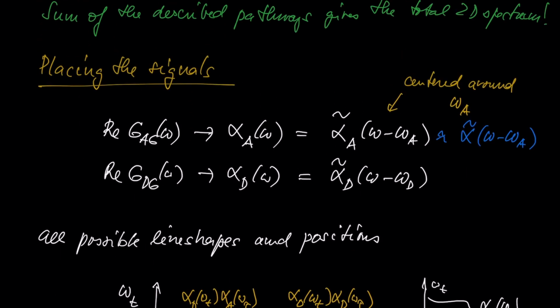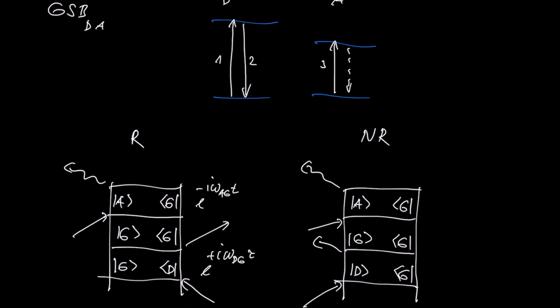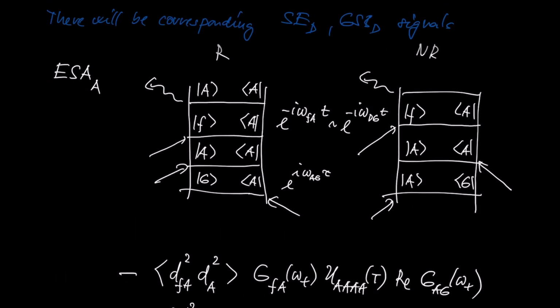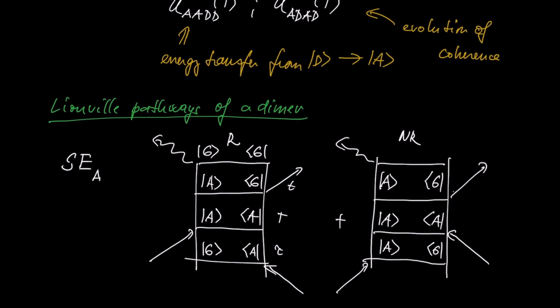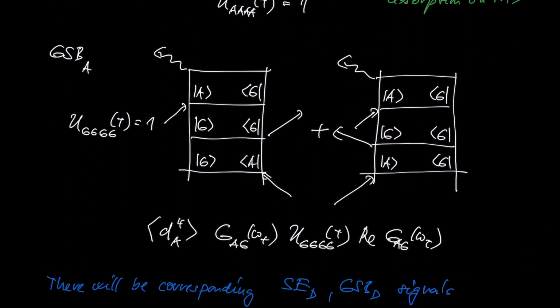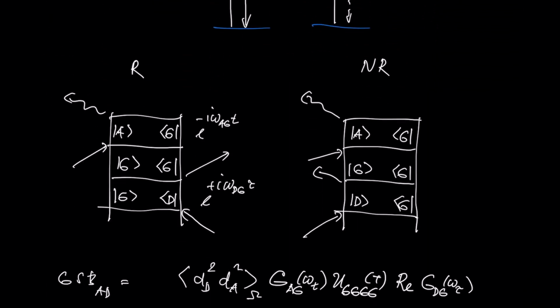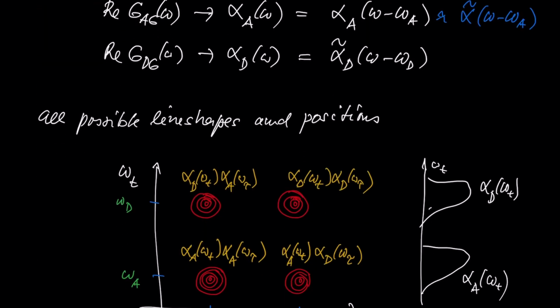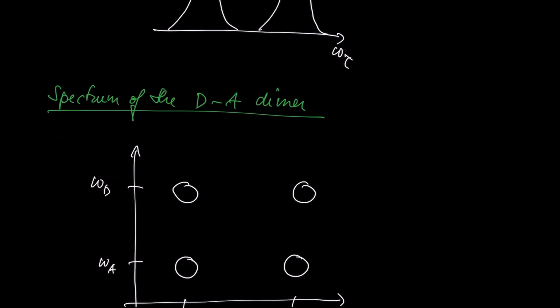So let's go up where we started to draw the first diagrams, and let's put them into the right spot. So for instance, here the stimulated emission on A absorbs and emits on the omega A, and there is no time evolution. So we find the place which absorbs and emits at omega A. It's the stimulated emission of A, and that goes to here.